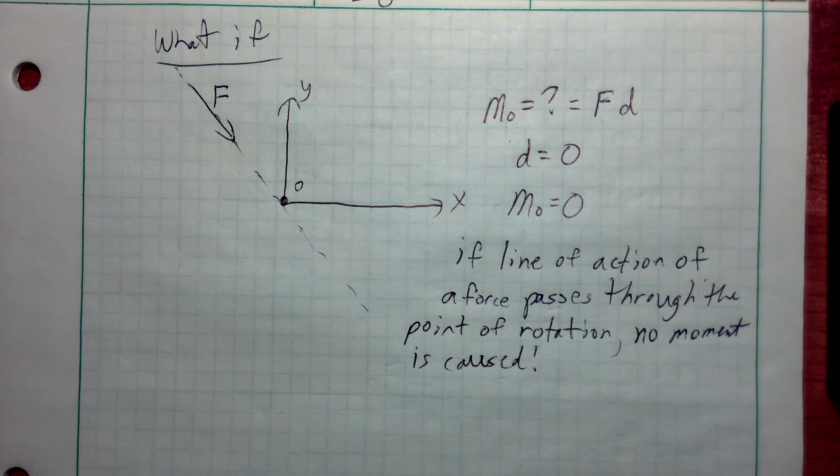If the line of action for a force passes through the point of rotation, the point through which you're measuring the moment, then no moment is caused by that force.